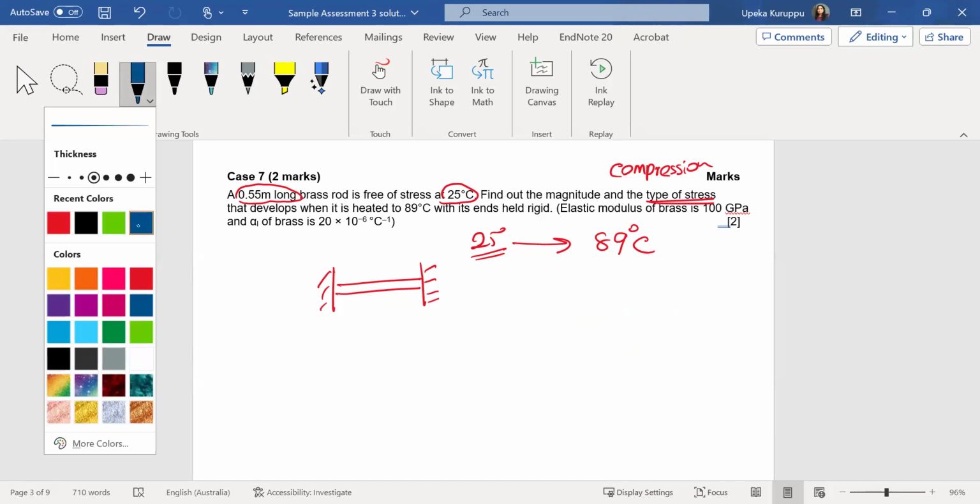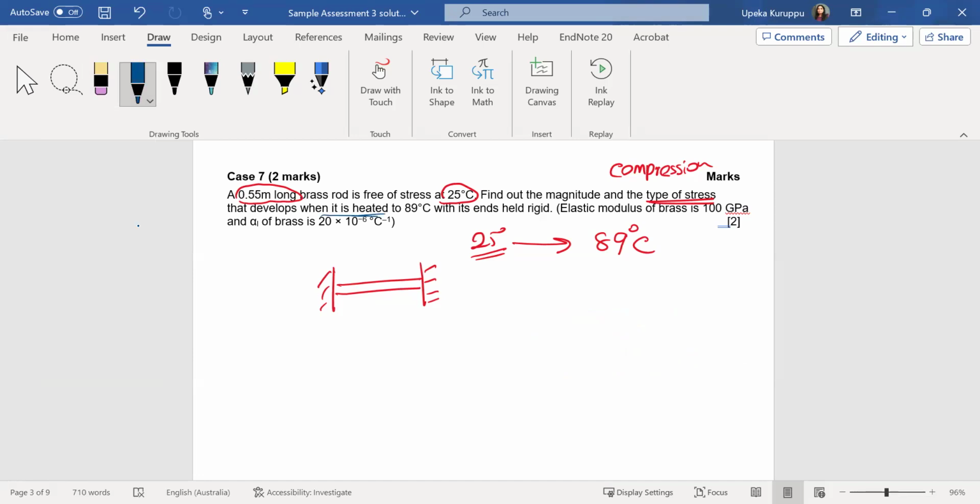How do we find the stress? They're asking us to find the stress developed. Young's modulus is given to you: E is 100 gigapascals. Gigapascals is 10 to the 9, isn't it? And the linear thermal expansion coefficient for brass is also given: 20 times 10 to the negative 6 per degree Celsius. So these two are given.